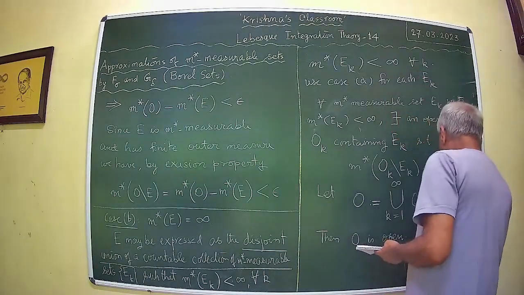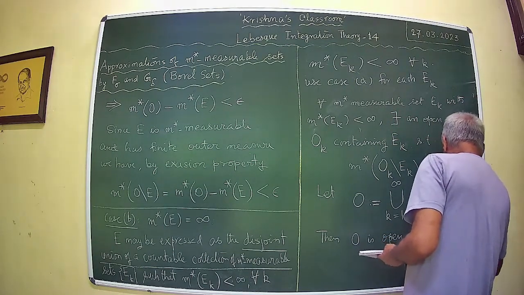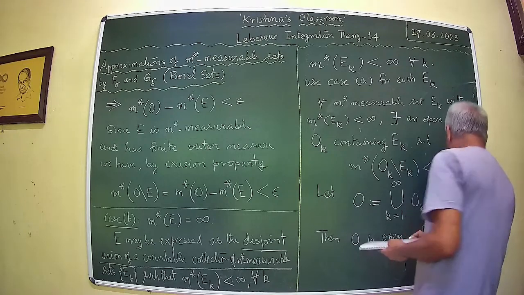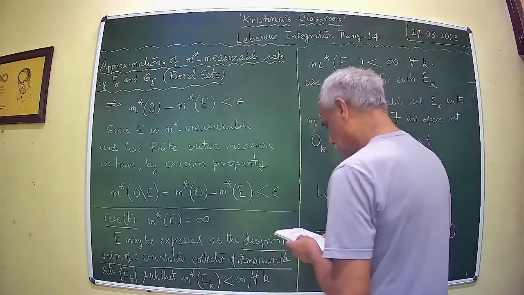And E is naturally contained in O, because the union of E_k is contained in the union of O_k.